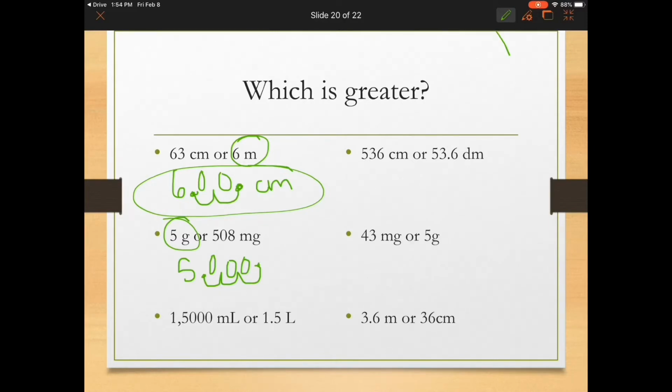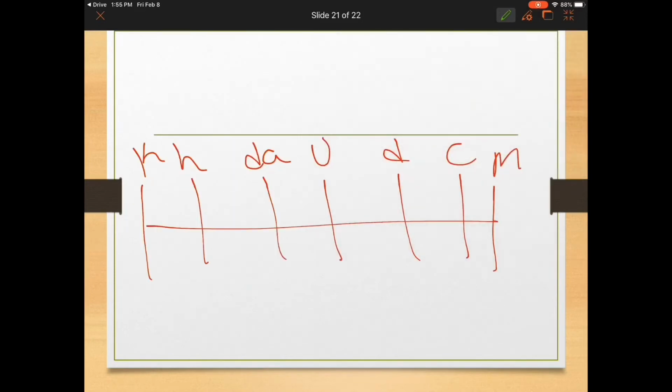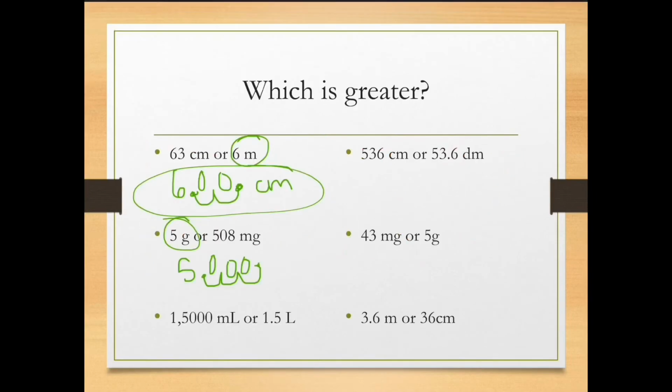Let's try the next one. Looks like we're going from milliliters to... Again, it doesn't really matter which ones you convert. You can convert whatever ones you want, but I'm going to convert liters to milliliters. So liters start right in the center. Now we're going to go 1, 2, 3. Again, 3 spaces to the right.